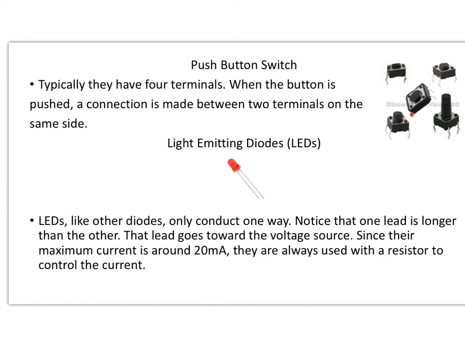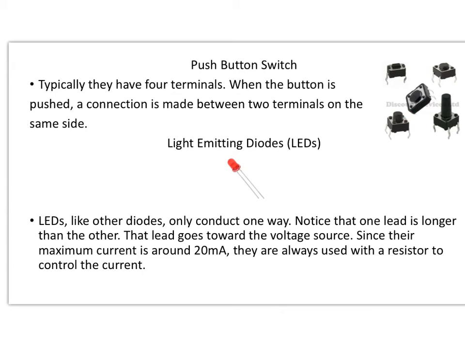I think the ones in your kits probably look mostly like that, but they all have 4 terminals, and when we put them on the breadboard, there is a gap in the center of the breadboard, and we typically put 2 of the terminals on one side of the gap and 2 on the other side.